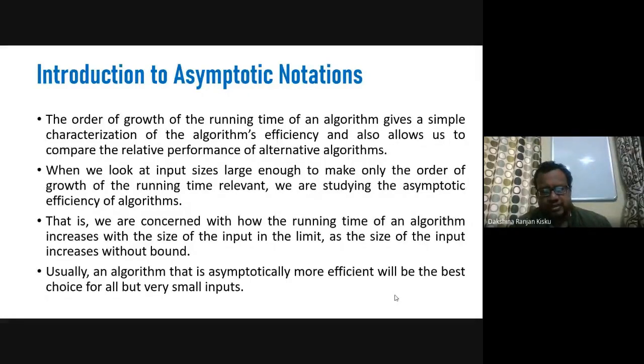That function is represented in terms of the running time. From that function we can estimate the time complexity of the algorithms. So here asymptotic notation plays a vital role to represent the order of growth rate of the running time of the algorithm in terms of some function.